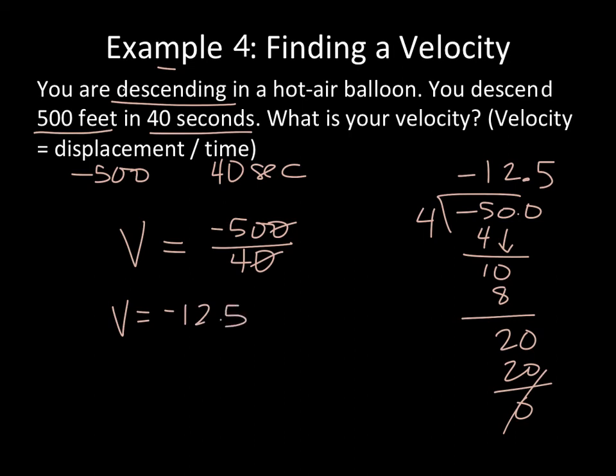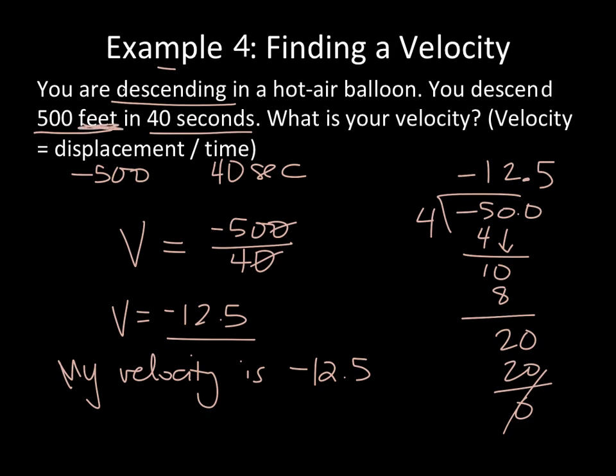Again, it's a word problem, so I'm going to represent it in a sentence, and I need to answer in words. So if you put negative 12.5, that's not going to be accepted. You need to have a unit, right? So my velocity is negative 12.5 feet per second.